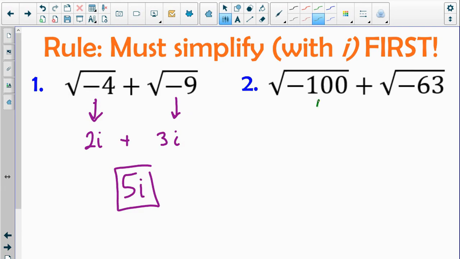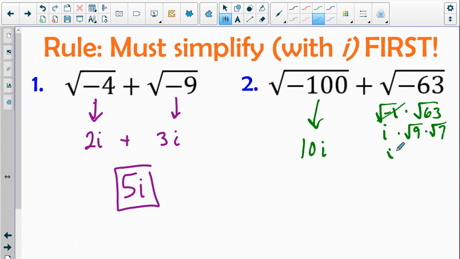In example number 2, the square root of 100 is 10, so the square root of -100 is 10i. The square root of -63. Oh, let's see, 63 is not a perfect square, so I want to do my simplification process from the previous lesson. It becomes i times the square root of 63, which I can break down as square root 9 times square root 7.